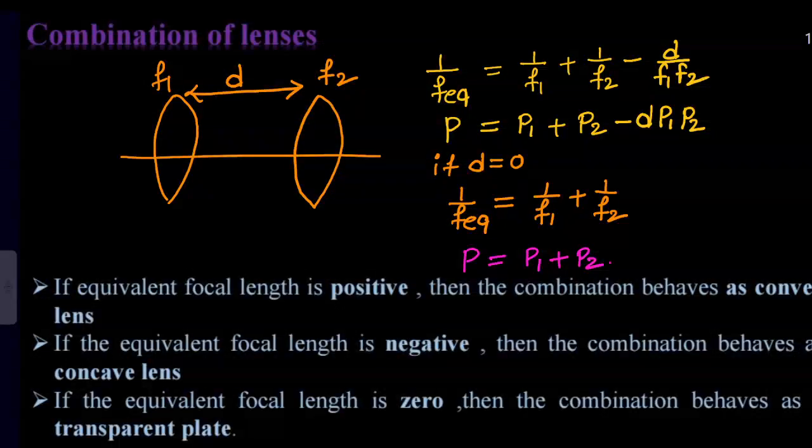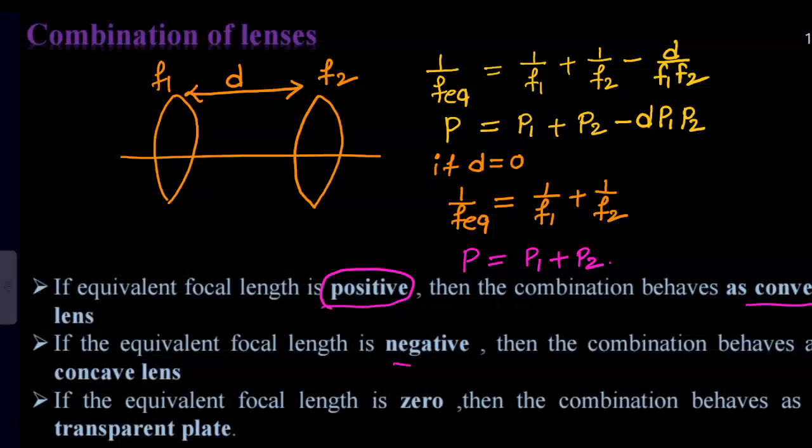So here, after finding the equivalent focal length, we can decide the nature of the lens. If the equivalent focal length is positive, then the nature is convex.